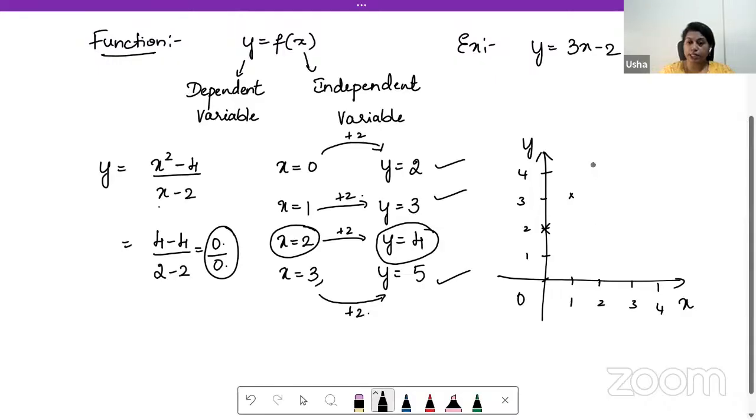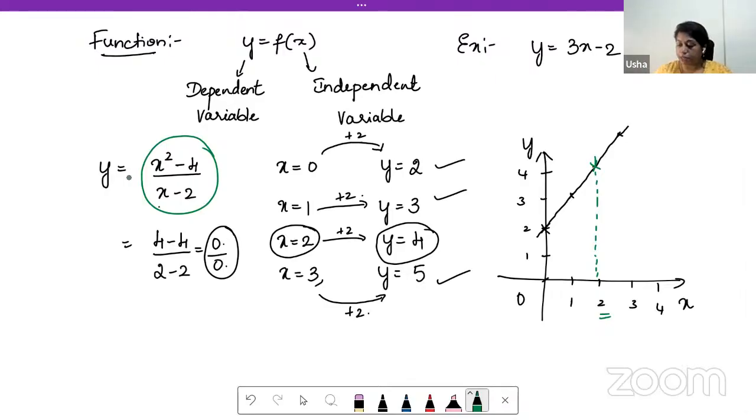When x is 2, exactly at this point, it is not defined. When x equals 3, y is 5. So if I plot this as a straight line, when x is equal to 2, I will get y as 4. Based on the observation and the geometrical representation, when x is equal to 2, y is supposed to be 4. But as per the definition, y is not 4. Now we try to find the left hand and right hand limits of this.